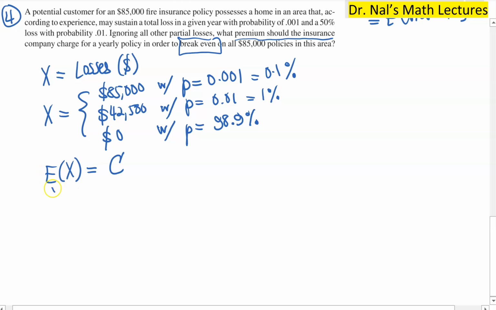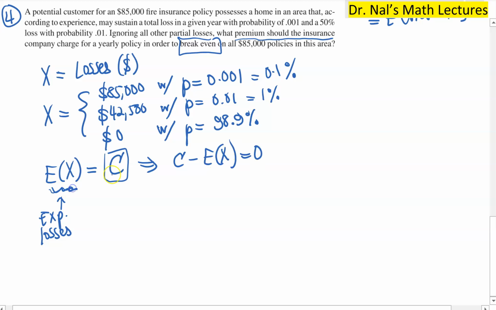If this is the expected losses, because X represents losses, right? So E of X is expected losses, the average losses. This better equal the amount charged, and that will imply that the amount charged minus the expected losses is equal to 0, if you just move the expected losses to the same side as the amount charged, right? So that's our goal.